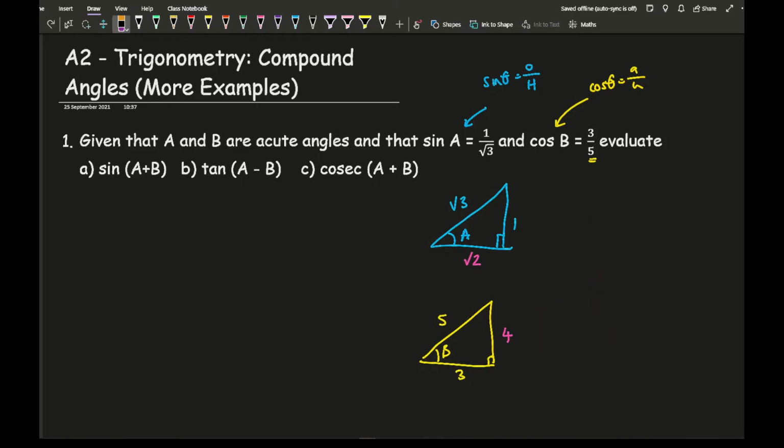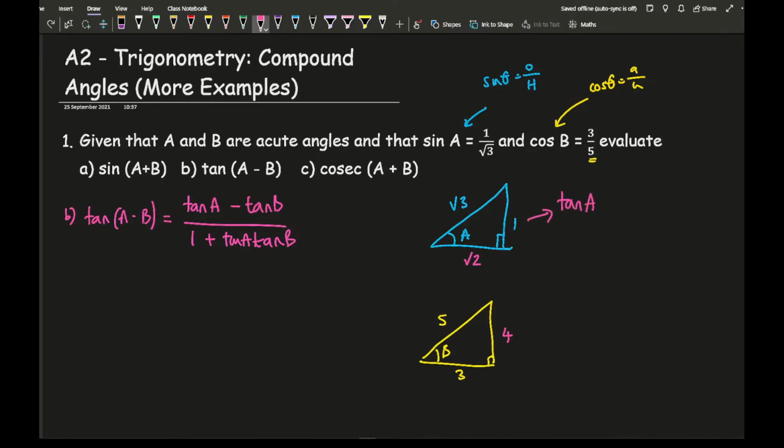So then working with tan, for B we've got tan (A minus B). Now using trig identities, this is going to be tan A minus tan B over 1 plus tan A tan B. Now for this I don't know any tans, but again using these triangles I can actually work that out.